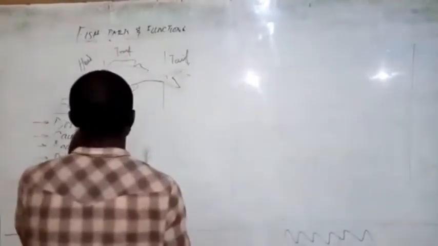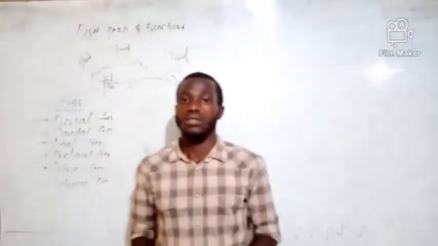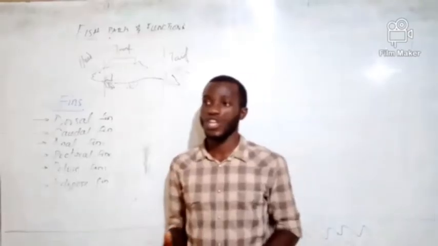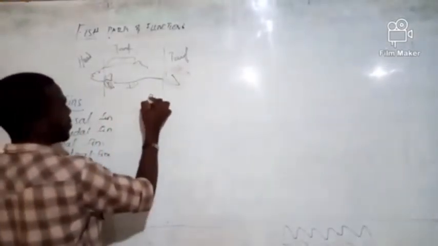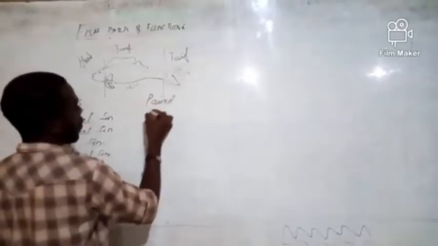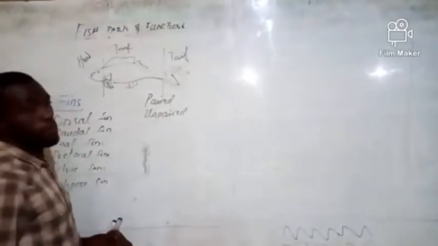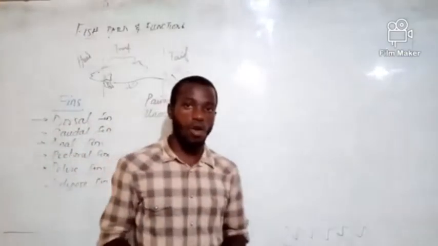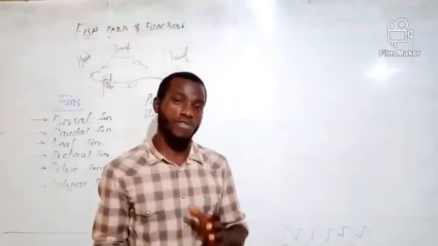Now, let's start with the first. So basically, the fins of fish are either paired or unpaired. So when they are paired, it means they come in twos and they appear on either sides of the fish.